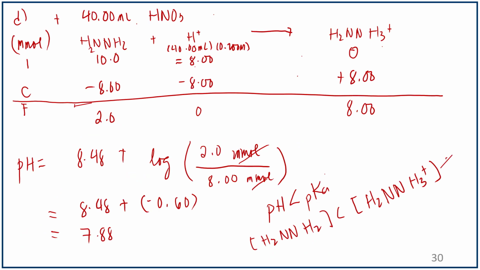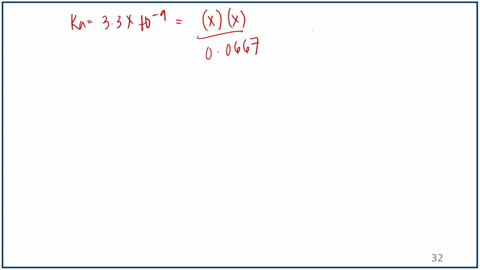So we can write an expression for Ka therefore. Ka, which is 3.3 times 10 to the negative 9, is equal to the concentration of the products at equilibrium, x times x, divided by 0.0667. Further simplifying that, we have 2.2 times 10 to the negative 10 is equal to x squared, wherein x is just equal to 1.5 times 10 to the negative 5. And remember, this is the concentration of the hydronium ions.